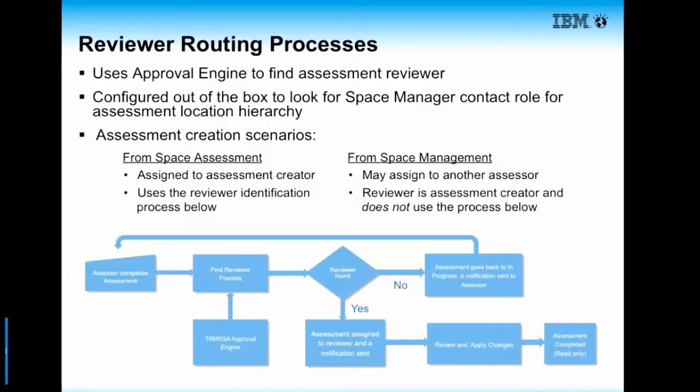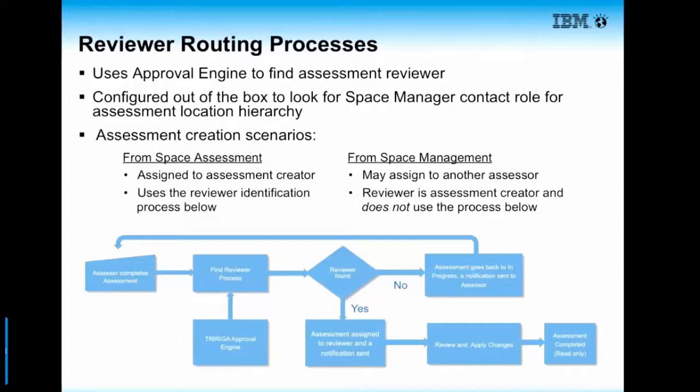If it doesn't find the reviewer, it sends a notification to the assessor who assessed it, saying that it is not able to find a reviewer for this assessment, and please work with administration to set it up correctly so that it can find the reviewer.